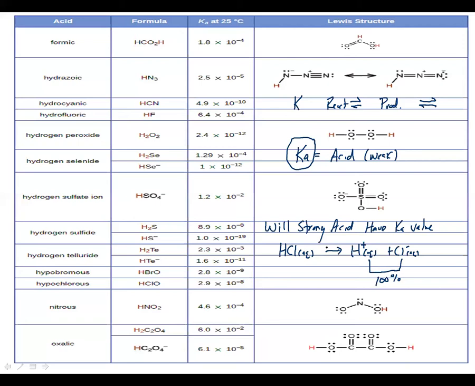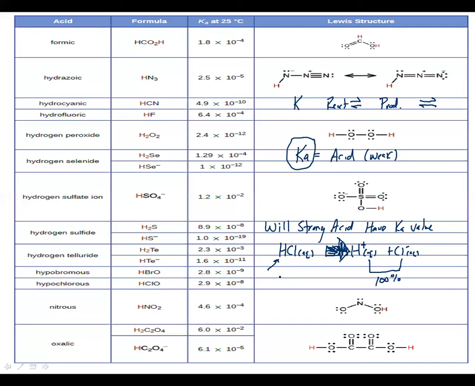Remember, in a strong acid, I'll make this bigger, it is a one-way street. There is nobody coming back this way towards our reactants, and thus it cannot set up an equilibrium. So if it cannot set up an equilibrium, you cannot have an equilibrium constant. And if you can't have an equilibrium constant, then you can't have a Ka value.